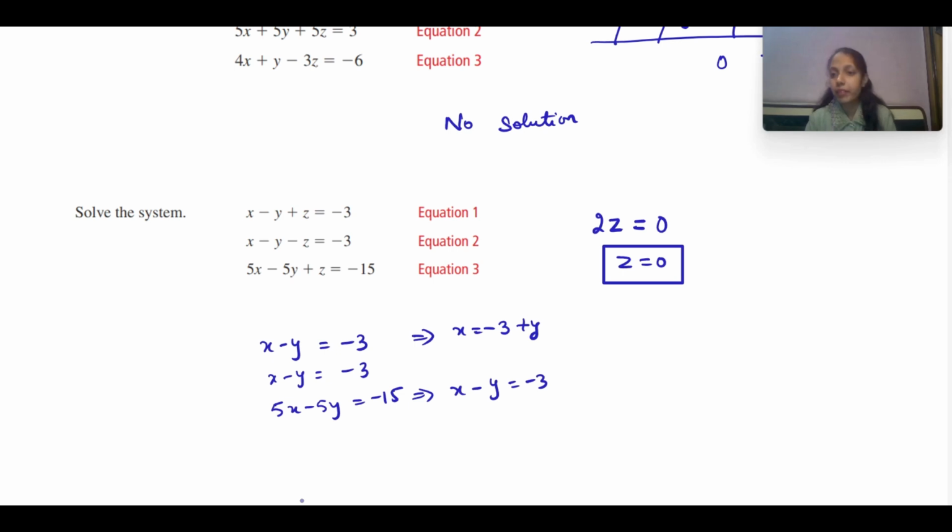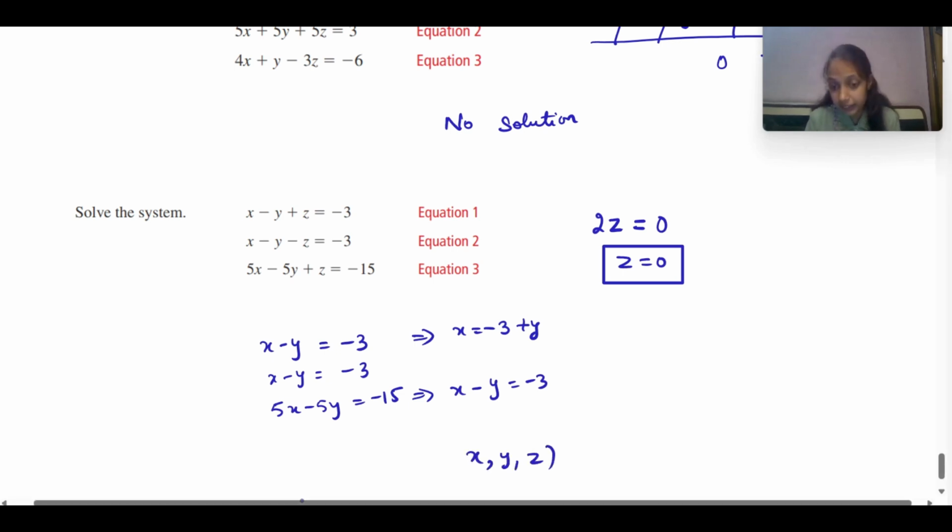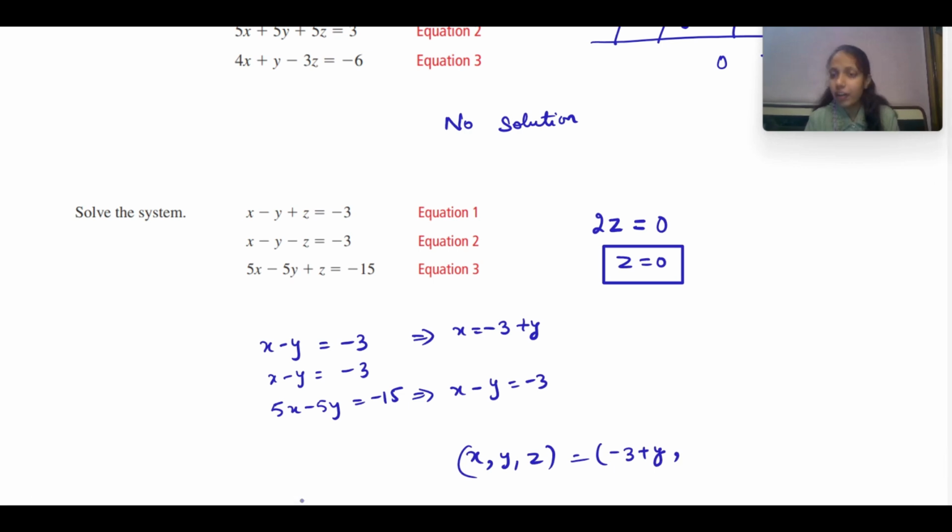Done. You are getting the solution x, y, z, in which x is negative 3 plus y, y is y, and z is 0. Whatever y I choose, x will be selected accordingly. The y value minus 3 will be the x value, and z is 0 in each case.